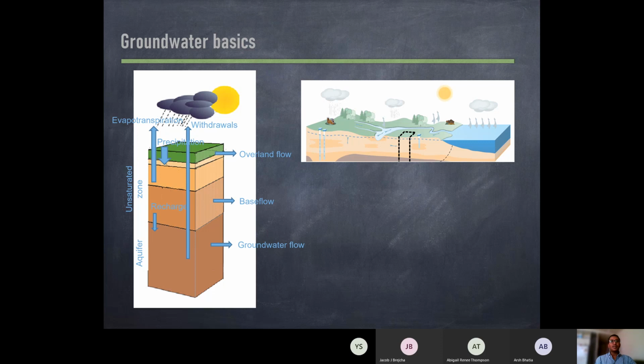Because if you are saying your input is precipitation, because that's the input right now I have, and everything else is part of precipitation, because that's the only input. So what do I mean? If you say recharge is also part of input, then you are calculating this amount twice, because the only input I have here is precipitation.